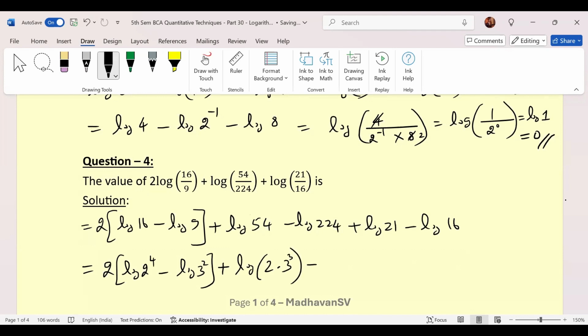Minus log 224, which is nothing but 32 into 7. So I can write this as logarithm of 32, which is 2 power 5, into 7, plus logarithm of 21, meaning logarithm of 7 into 3, minus logarithm of 2 power 4.